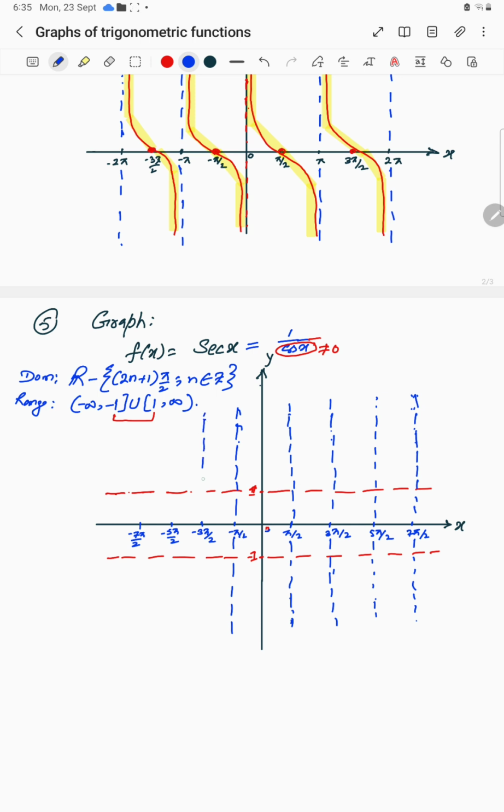We can plot it like this, with dotted lines.